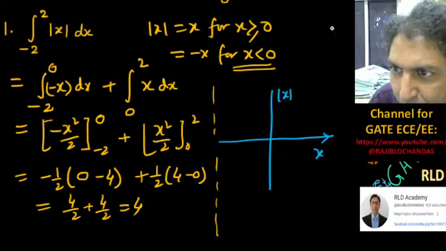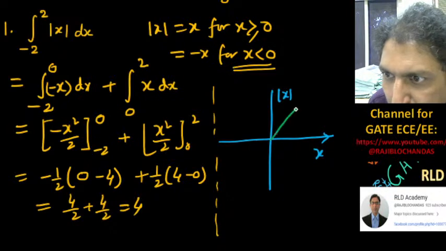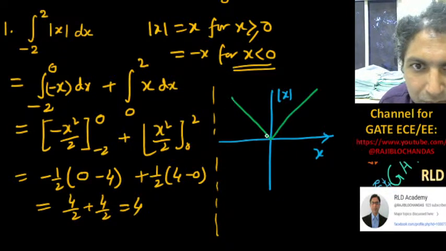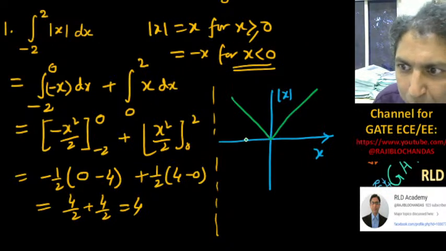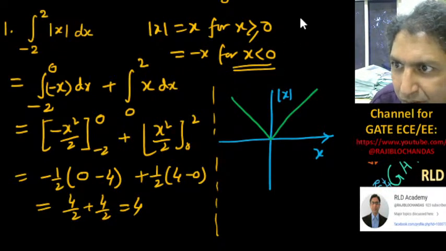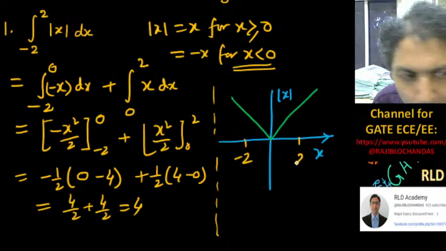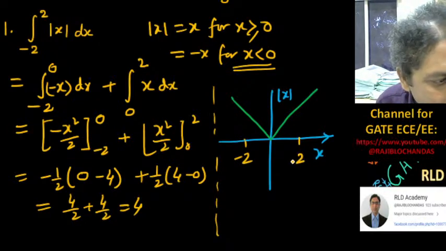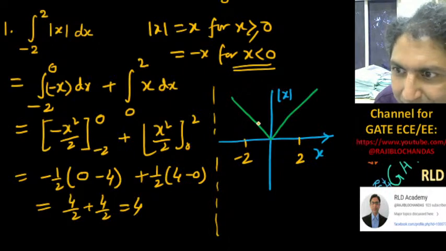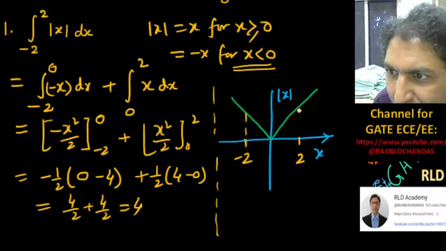So what is the plot? This is the mod x, from minus 2 to plus 2. Within this, I need to find out the area.